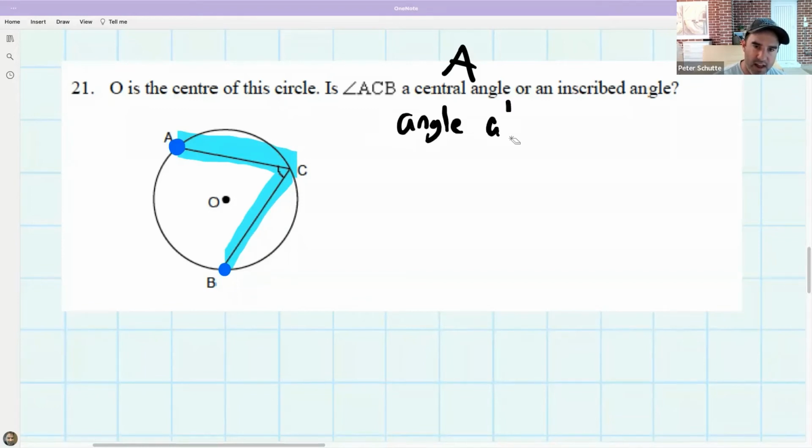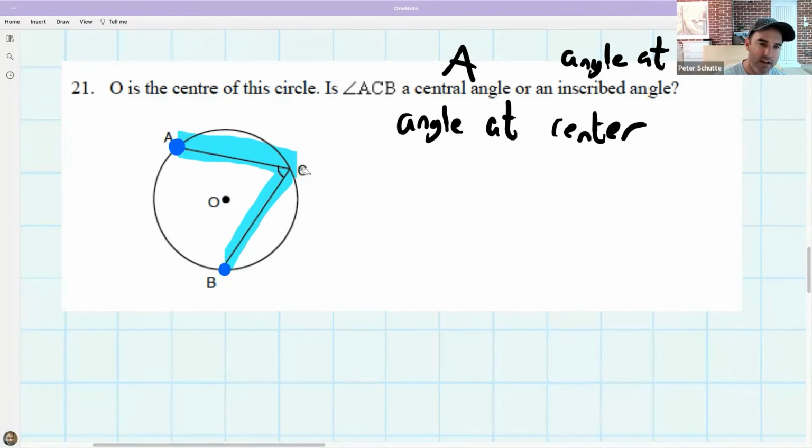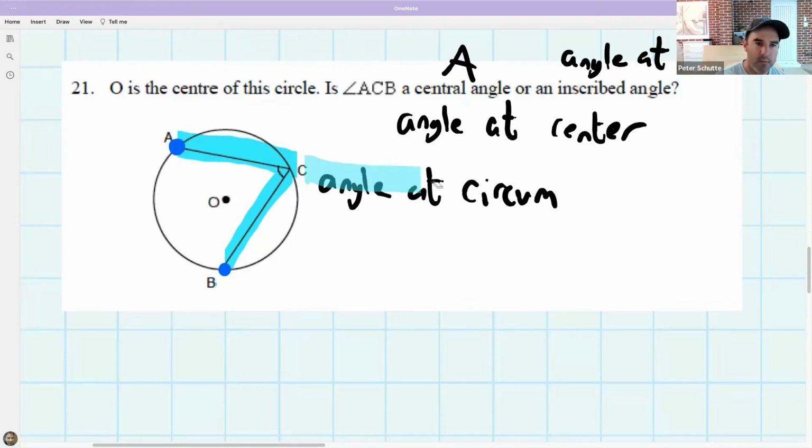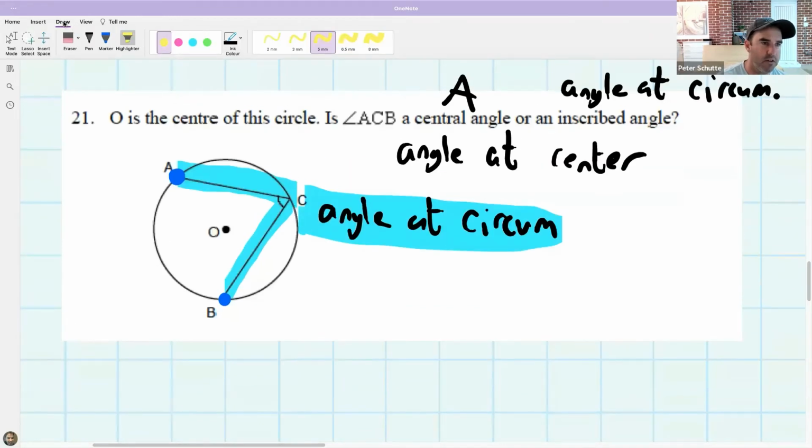So, angle at the center, that would be a central angle. Or we say an inscribed angle is an angle at the circumference. Sorry, guys, if you can't see this perfectly, but this angle would be called an angle at the circumference because the angle is made at the circumference.